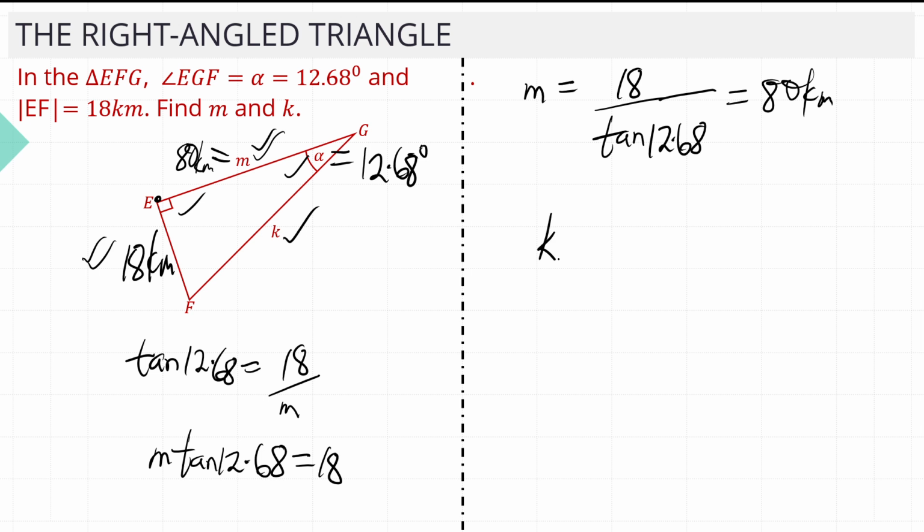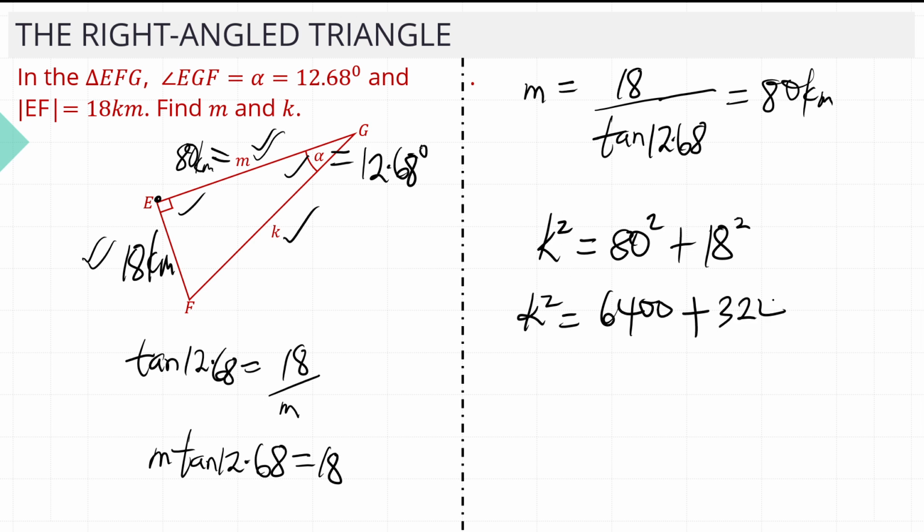We learned that the square of the hypotenuse equals the sum of the squares of the other two sides. Now 80 squared gives us 6400, and 18 squared gives us 324.